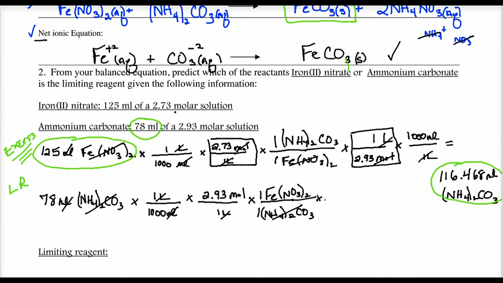Last thing we want to do is convert that moles into volume, and for iron nitrate that's 2.73 moles for 1 liter. Moles cancel, and I want to convert my liters into milliliters, and there's 1,000 milliliters in 1 liter. And what do I get?